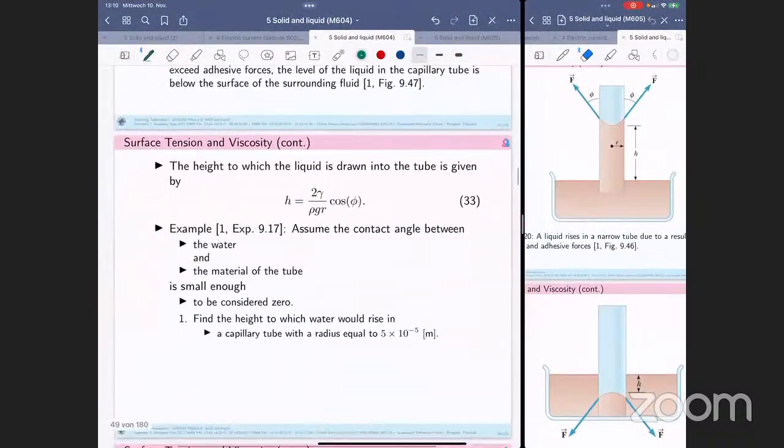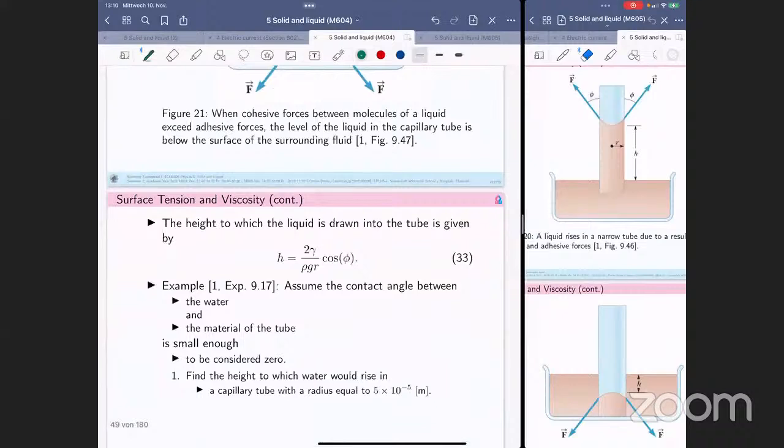That's the theory we have seen regarding the adhesive force and the surface tension, right? Assume the contact angle between the water and the material. So they consider the water, right? Our substance is water, so it should be this case, okay?